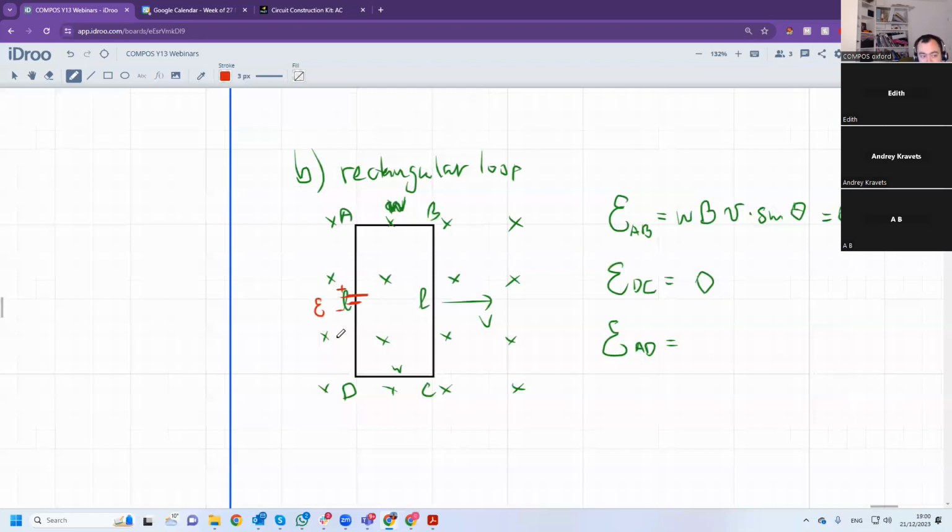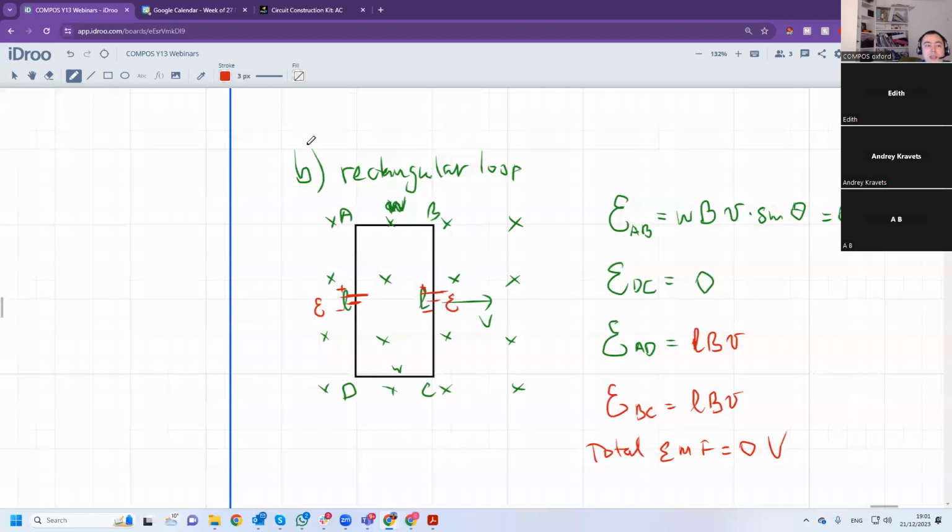So the EMF is equal to LBV, and the EMF in BC is also equal to LBV. But one is pushing the electrons clockwise and the other one is pushing the electrons anti-clockwise. So the total EMF is 0 volts.